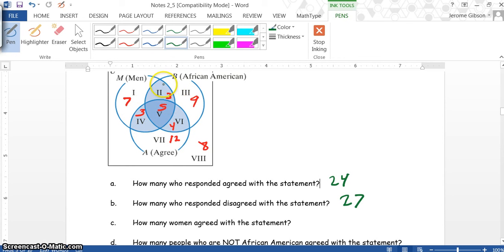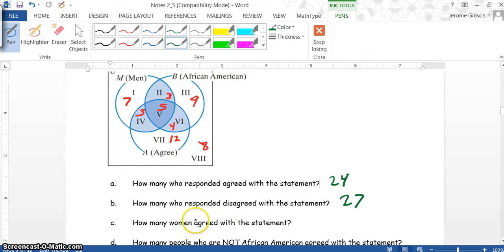This is all your men, all of the men. So we take this out. So with this being all of the men, that means that everything else that's left here are the women. So we will have 9 plus 4, which is 13, plus 12, which will give us 25. It's a total of 25 women.